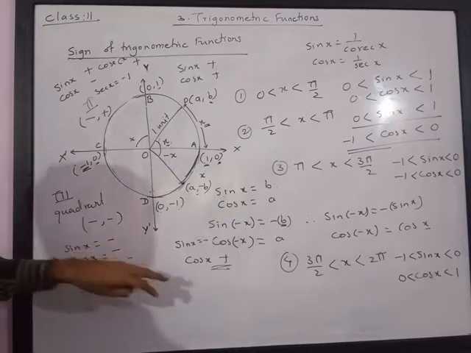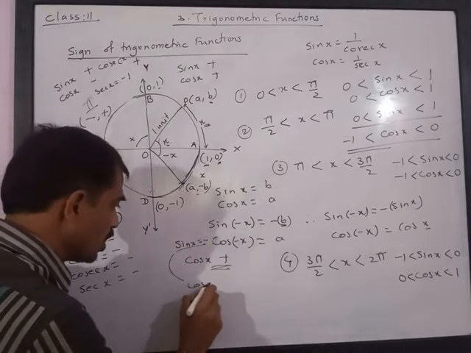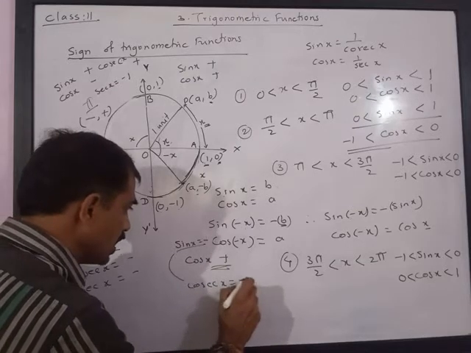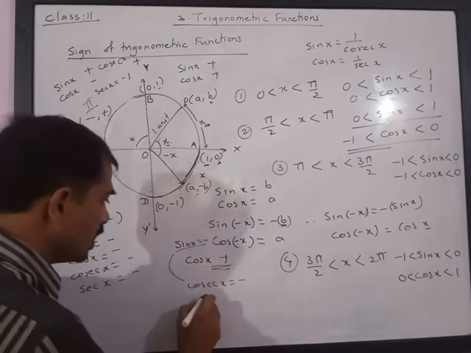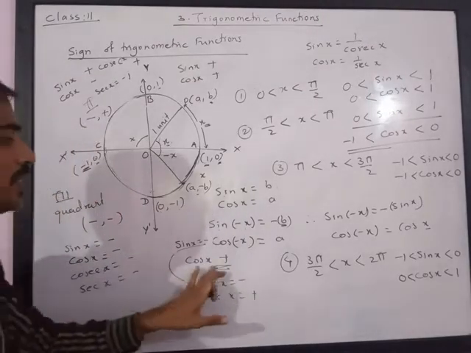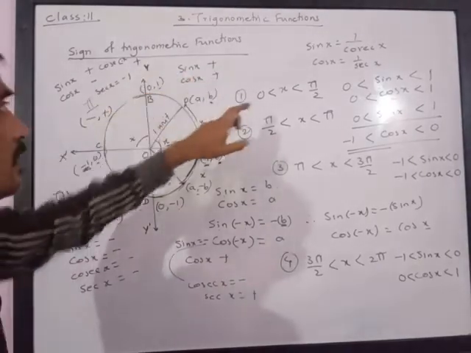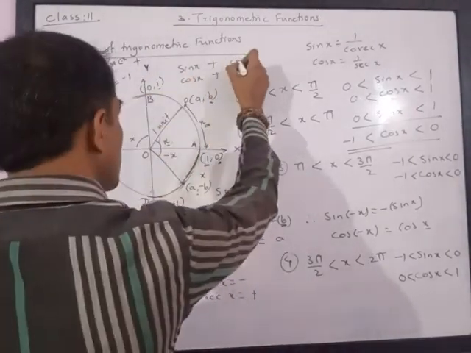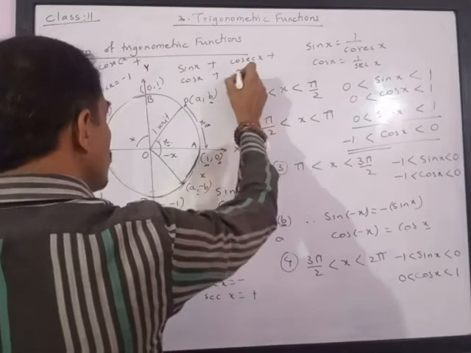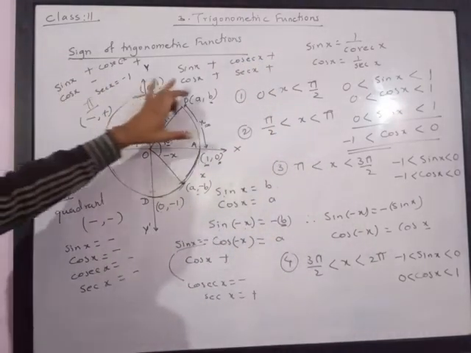Now here sin x is negative means cosec x is also negative, and cos x is positive means sec x is positive, because they are reciprocals of each other. So we have sin x, cos x, and here cosec x and sec x also positive. So we have covered 4 ratios.